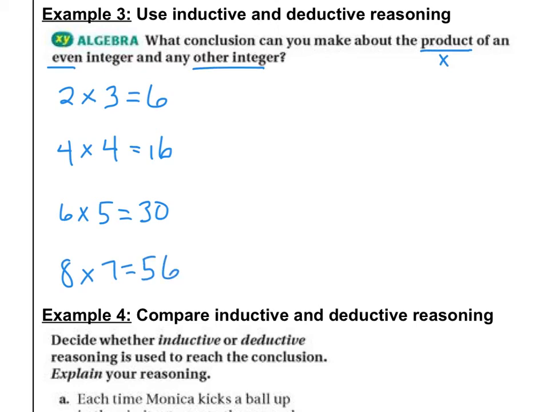So again, we multiply an even integer times any other integer. You could have picked whatever numbers you wanted as long as one of them was an even integer, but I wanted to mix in odd and even numbers so that you could see what happens here. So what do we notice about our answers here? I'm not looking for anything too specific other than they're all even.